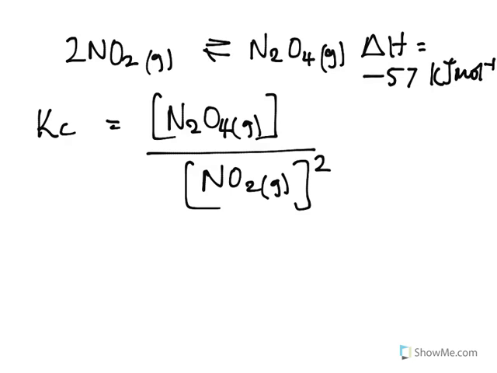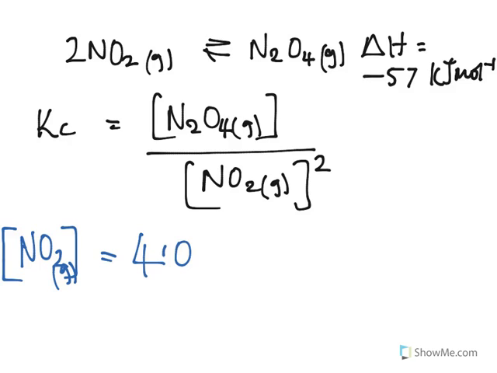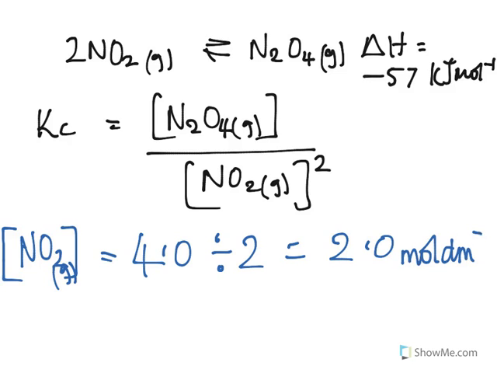So if we look at what we've got in terms of the NO2 concentration, we know that at the beginning they put in 4 moles and the volume is 2 dm cubed, so the concentration is number of moles divided by the volume, which gives us 2.0 moles per dm cubed.